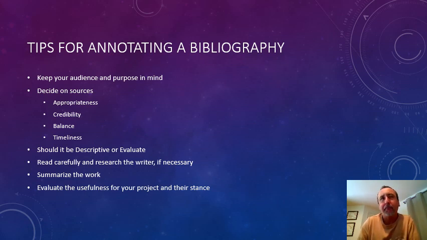Balance is another important one. If you're looking at a source, kind of like when we were writing your own paper, you want to make sure that you balance the opinion. So if the source that you're using is arguing for a specific thing, say for global warming or something like that, you want to make sure that they're also looking at the reasons or the arguments against that thing, and anticipating any arguments that could be against it and then arguing against them.